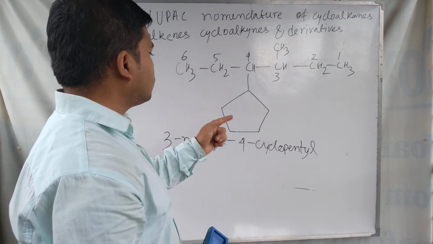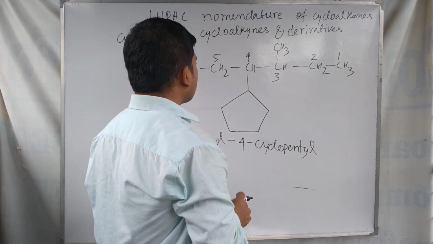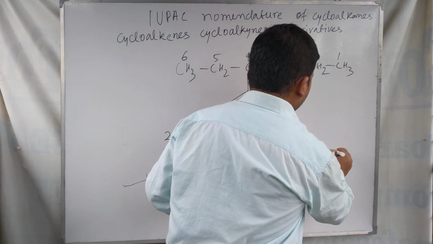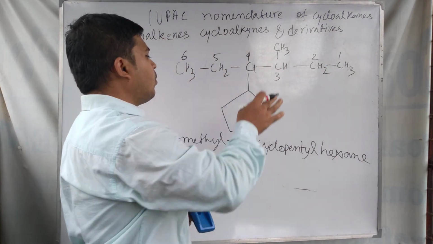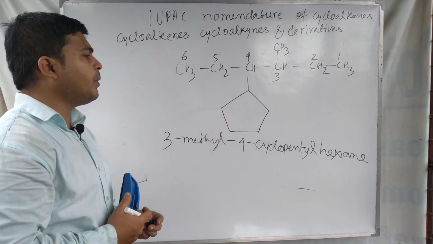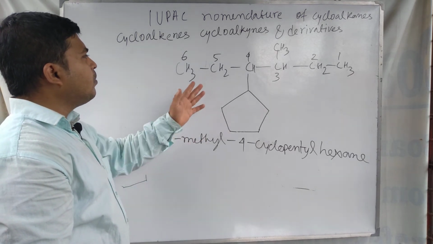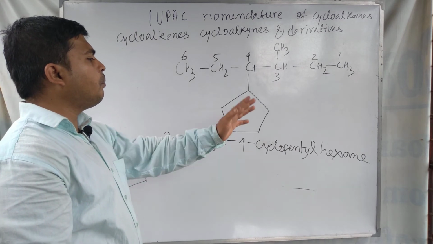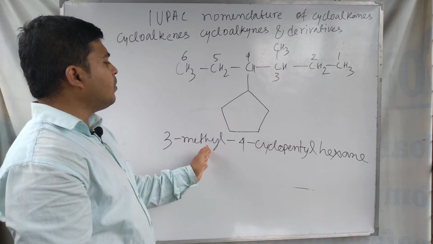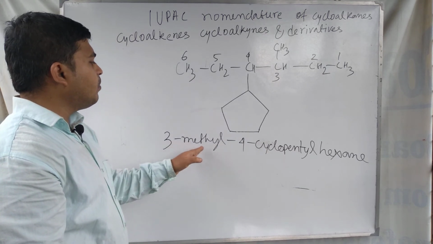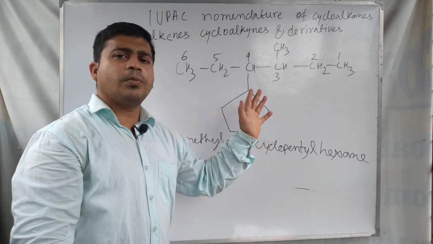Then the total carbon is 6, so hex, and all have single bonds. So cyclopentylhexane is the IUPAC name of this compound. Alphabetically, M is coming first before cyclopentyl, so 3-methyl-4-cyclopentylhexane is the IUPAC name of this molecule.